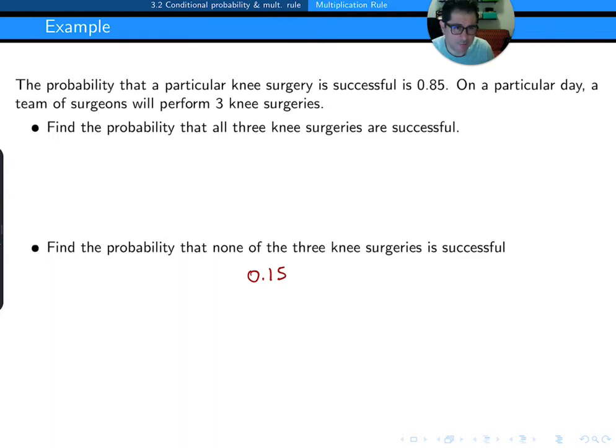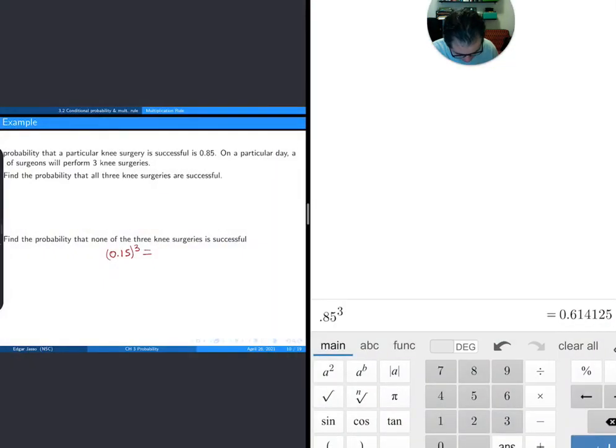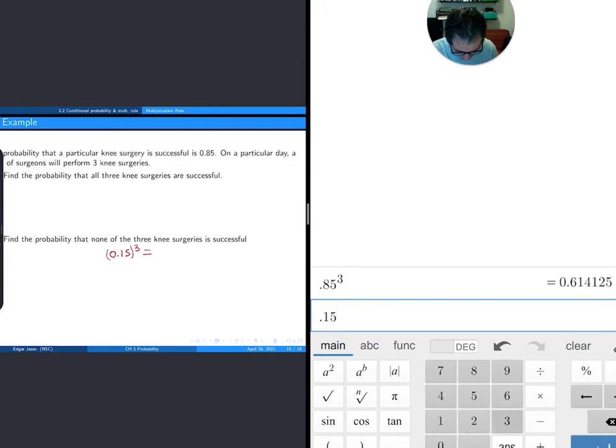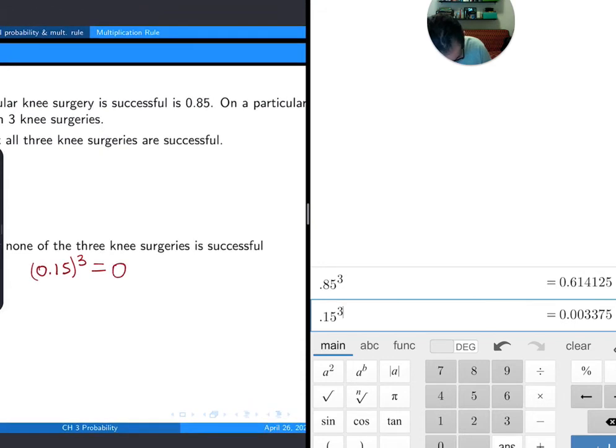It's going to be 0.15 to the third power, right? Because 0.15 for the first one being non-successful, if we assume that the second one is independent from the first one, and so on. So it's 0.15 to the third power, which is 0.0034. I'm going to be consistent and use 4 decimals.